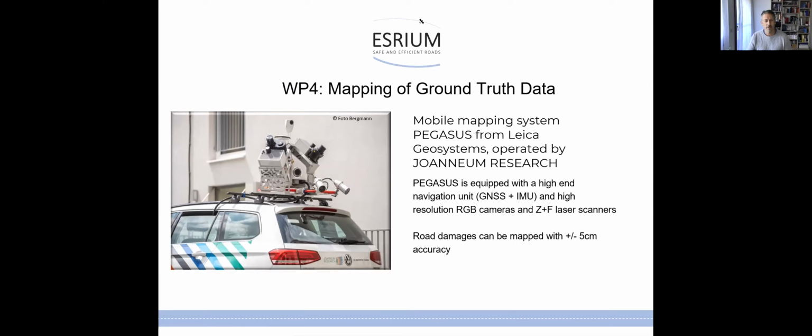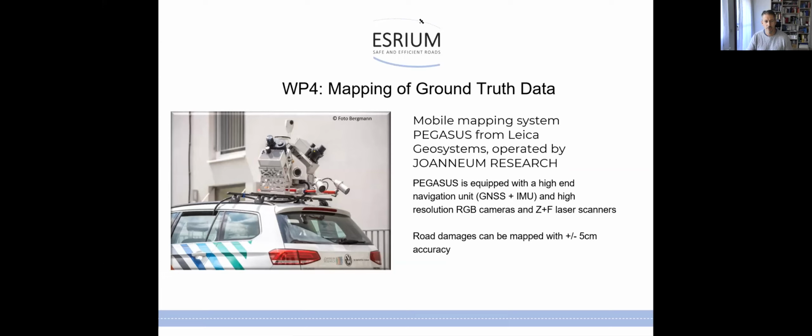The railway project Taro was mentioned already, for example. And with such a system, we can generate very high quality point clouds and imagery of roads by just driving them and taking pictures and doing laser scans.